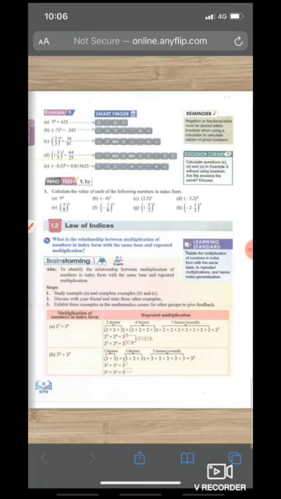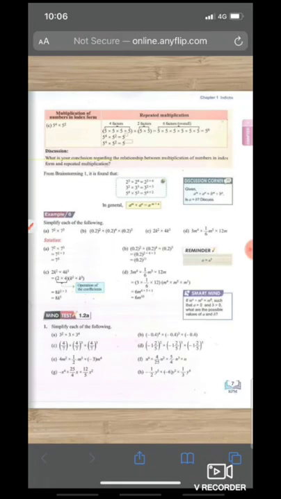It is the same for B and C. For B, 3 to the power of 2 times 3 to the power of 3. 3 is the same base, so we can add the powers, 2 plus 3. So the answer is 3 to the power of 5. Easy peasy.